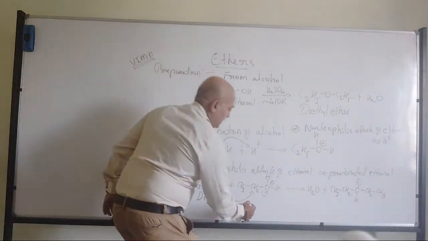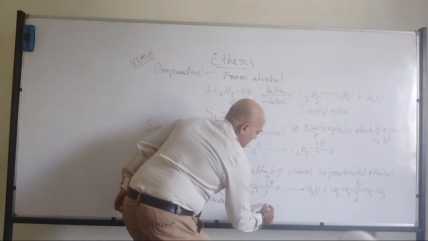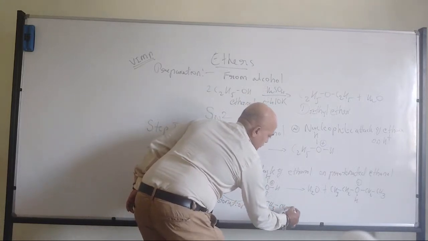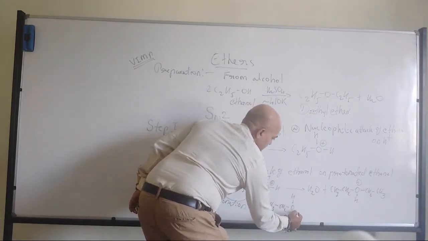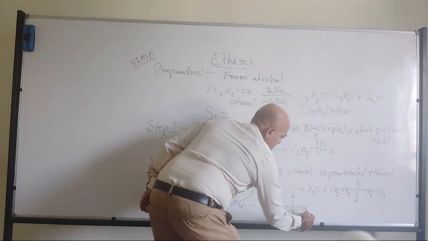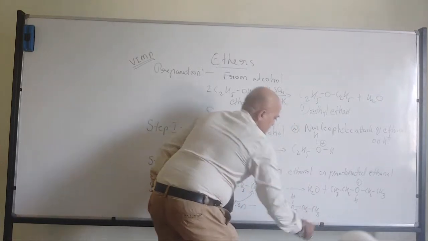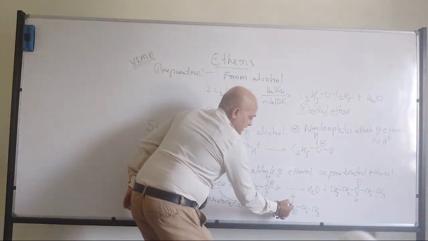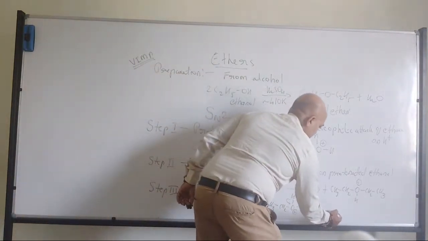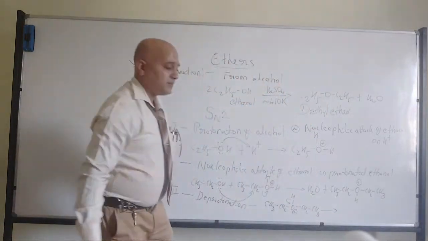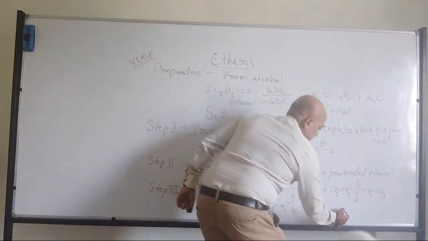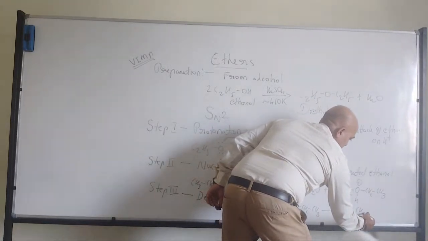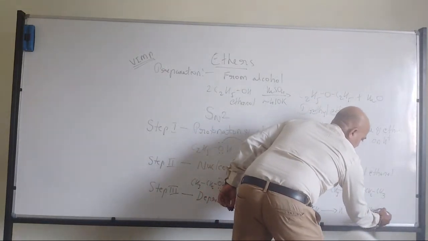So there what will happen? Whatever intermediate is there, CH3CH2OH positive CH2CH3, oxygen will take the electron from the hydrogen. There will be formation of H plus and ether, diethyl ether.